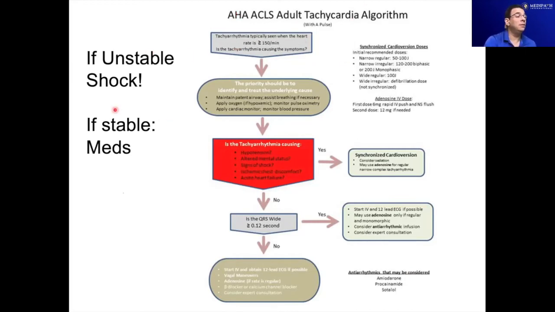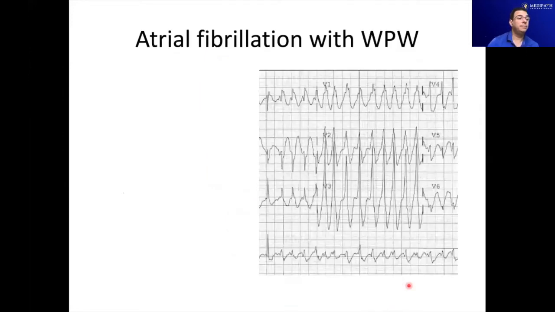Always remember, if it's unstable, just shock. If it's stable and it's wide complex, greater than 120 milliseconds, and you're unsure, you can try adenosine, but then just go to the antiarrhythmics, amiodarone, procainamide, and typically lidocaine. They list sotalol. If you're not sure and it's irregular, then you want to use procainamide as your first choice.